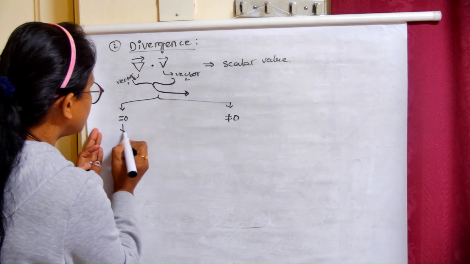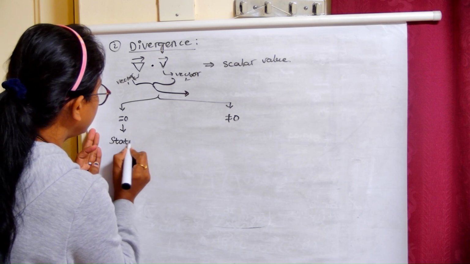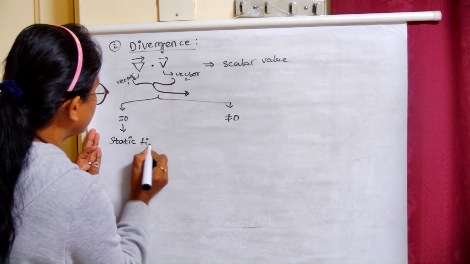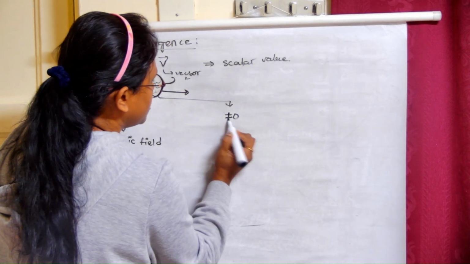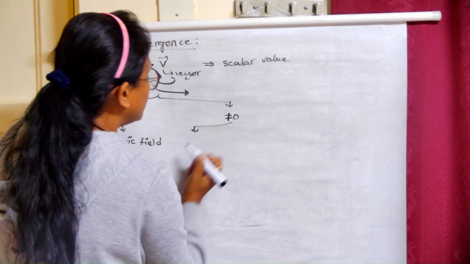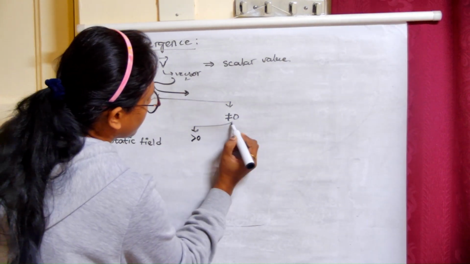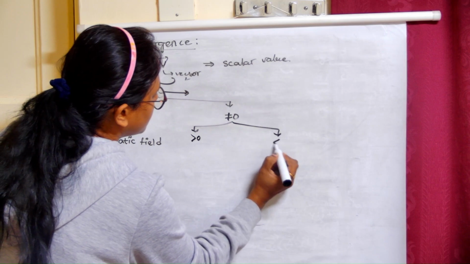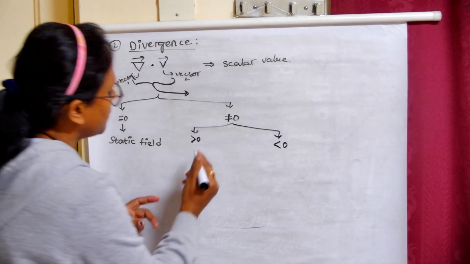If the divergence is 0, then we can call it a static field. If it has a non-zero divergence, it may have positive or negative divergence.